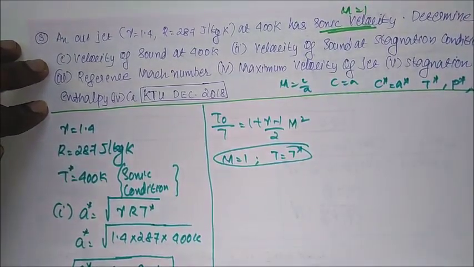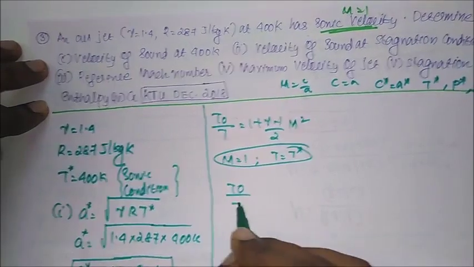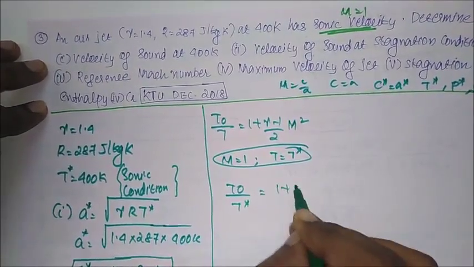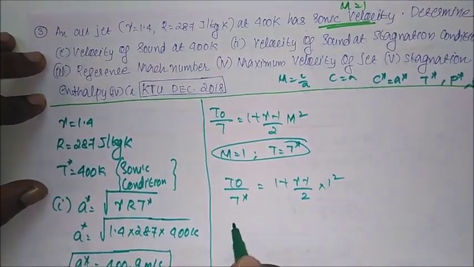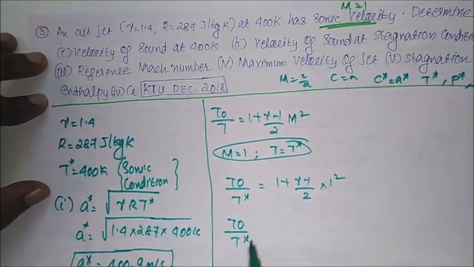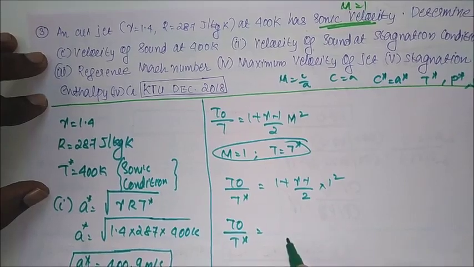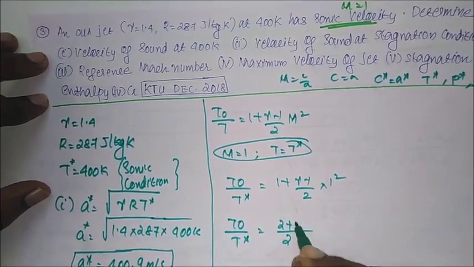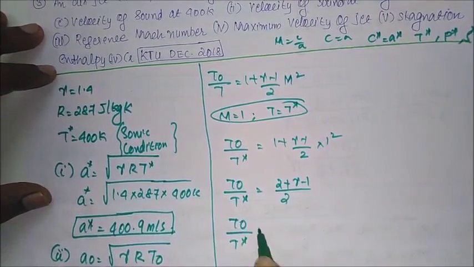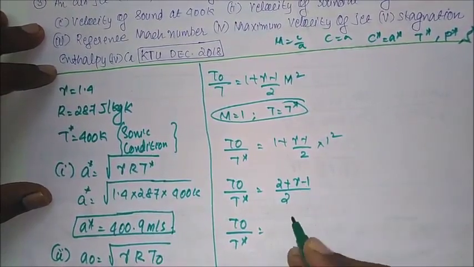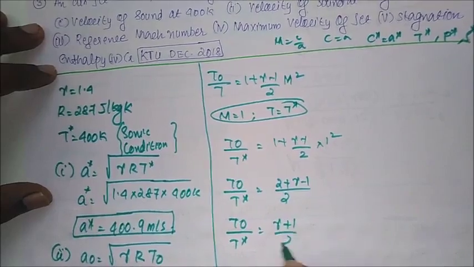Then T is equal to T star. Therefore, T0 divided by T star is equal to 1 plus gamma minus 1 divided by 2 into 1 square. That is T0 divided by T star is equal to gamma plus 1 divided by 2.